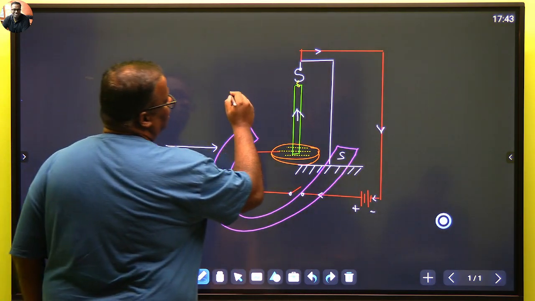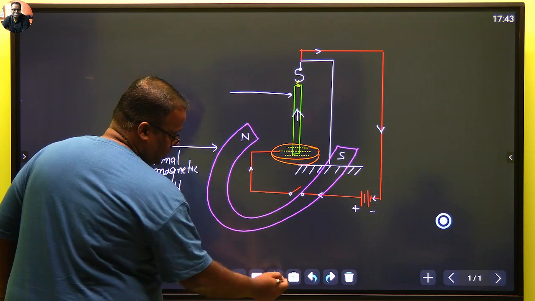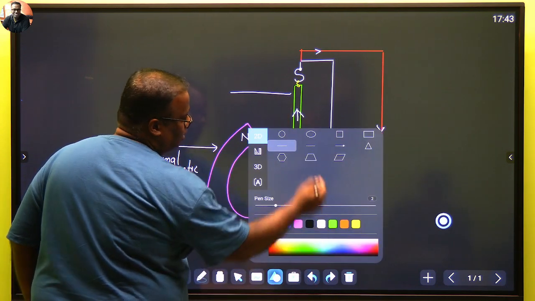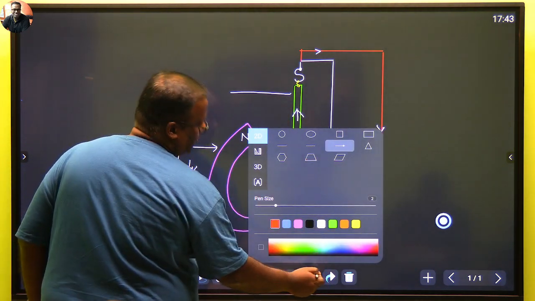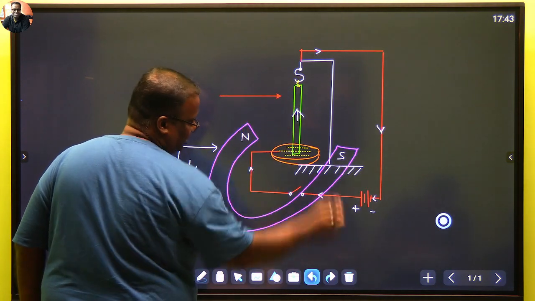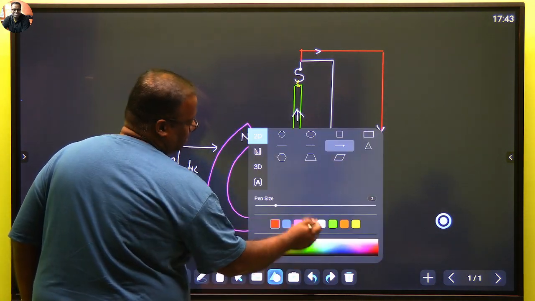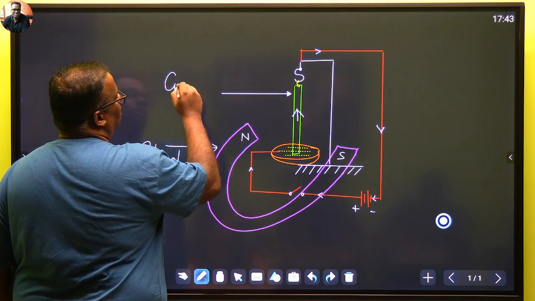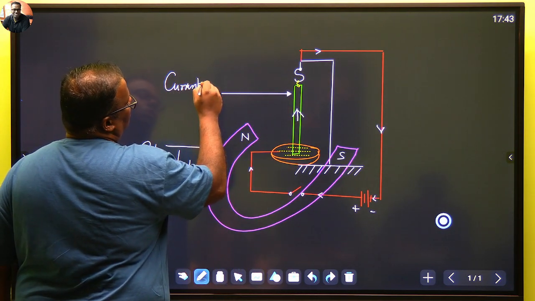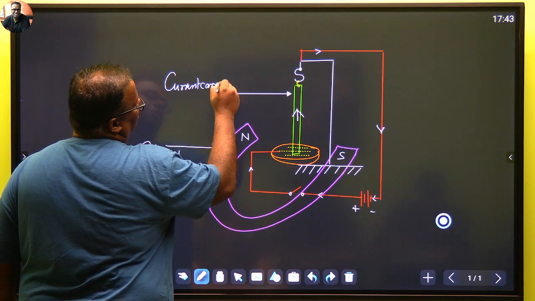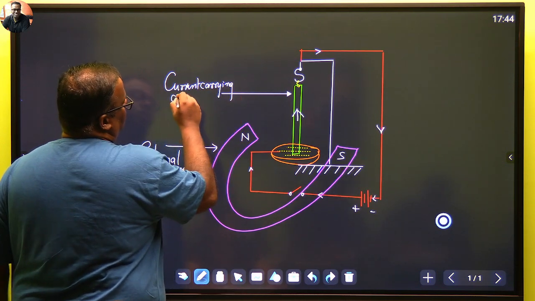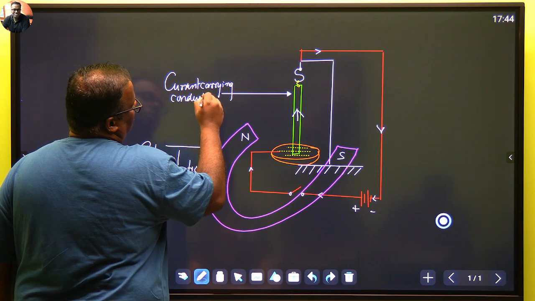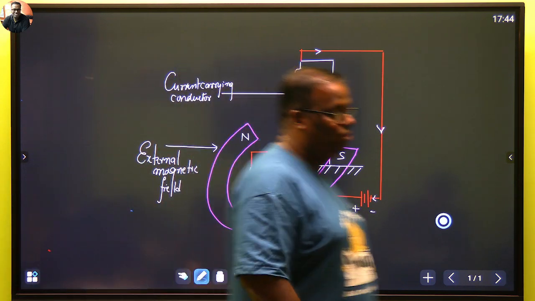As soon as you turn it on, this becomes my current carrying conductor. Now see how beautiful this thing will happen.